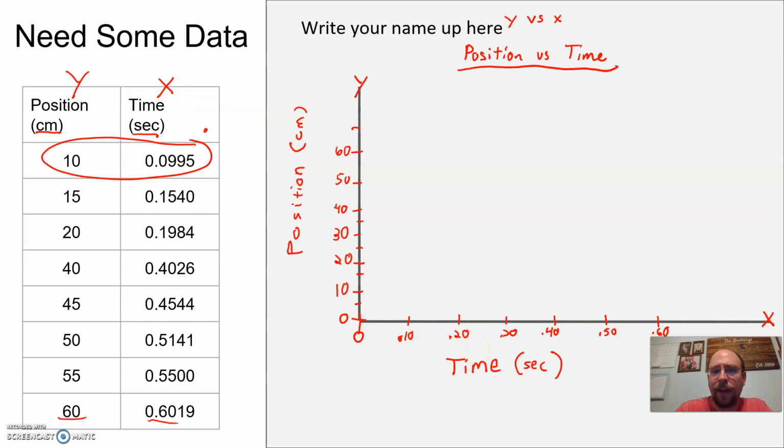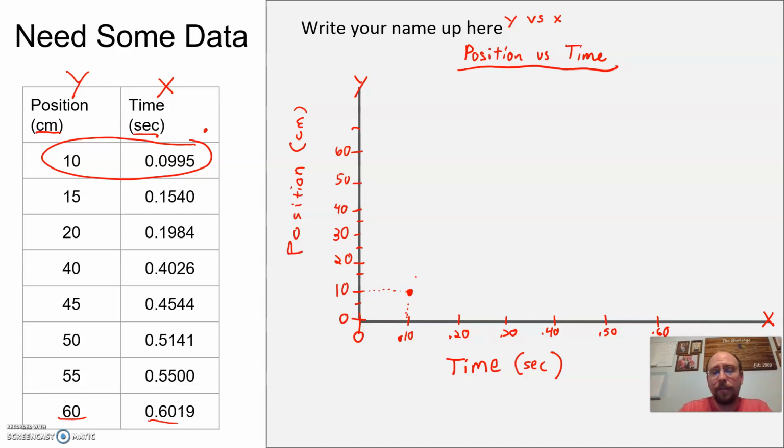But 0.0995 is really close to 0.10 or 0.1. So I'm going to start there, and then follow it up until I get to my y position, which is 10. And my data point is going to meet where those two things cross.